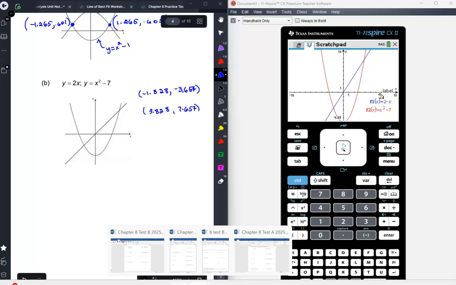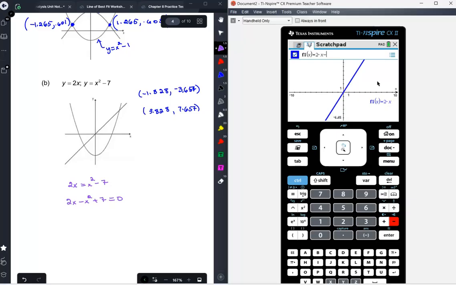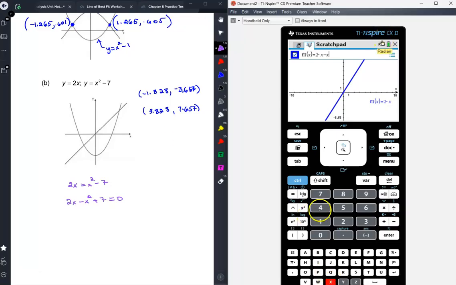Now look, there is also another thing you could do. So here I had 2x is equal to x squared minus 7. What I can also do, this is the same as 2x minus x squared plus 7 is equal to 0. So instead, I could do 2x minus x squared plus 7.